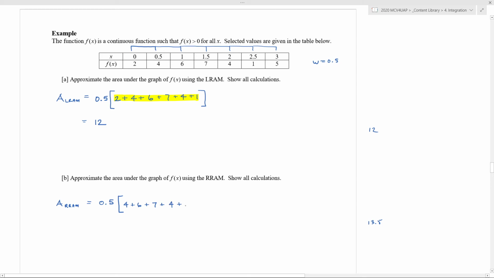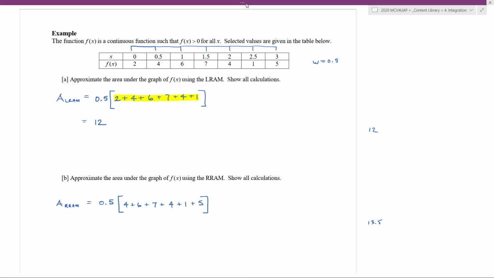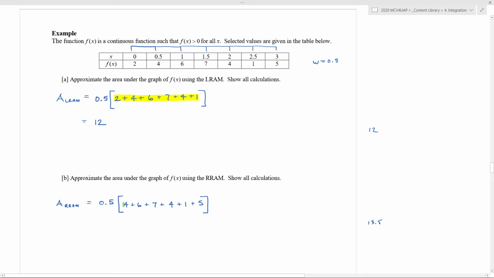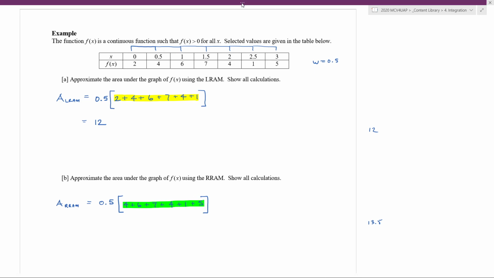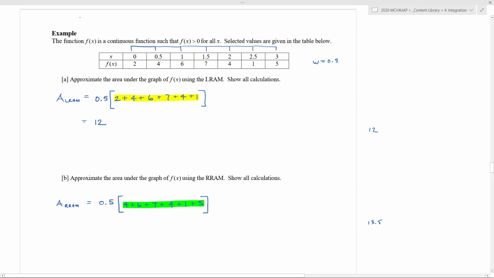The fifth height would be 1. And the sixth height would be 5. So if you look at that, what's happened is we've used all the Y values except the first one. And we're going to multiply the sum of those by the width. And I believe we should get 13.5.